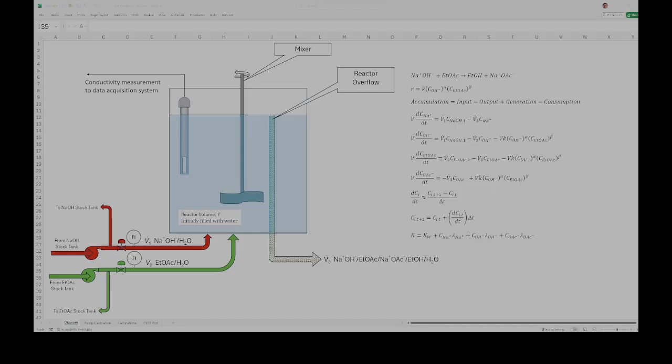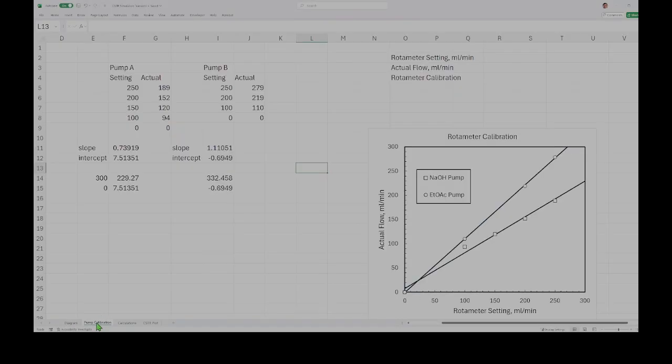And this is done by an experiment where we set our pump flow rates going through the flow meter at the settings on the rotometer, and we actually measured the flow rate that passes through the flow meter, and do that for pump A and pump B. And we notice that there's an appreciable difference between the reading on the rotometer and the actual flow. And we can see this on this plot.